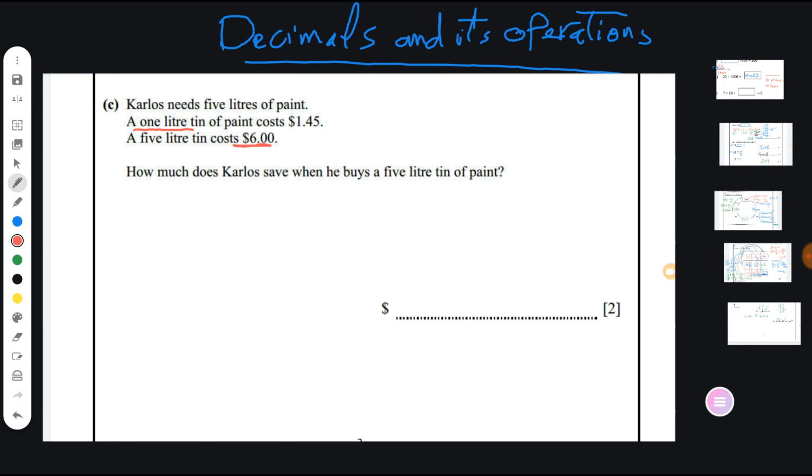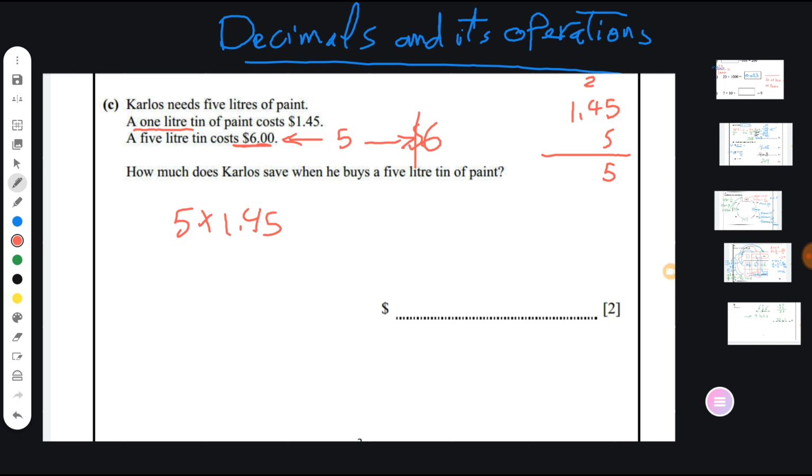Second one is clear. 1 tin of 5 liters for 6. What about the first one if he takes it by liters only? So we have to multiply actually. 5 multiply 1.45. By using your calculator, you can find it directly. Okay, but I will work it out with you. So we can write 1.45 multiply 5. 5 times 5, 25. 5 and carry 2.